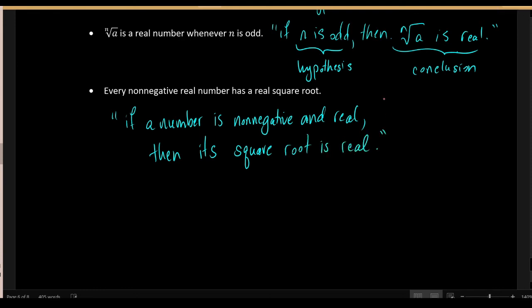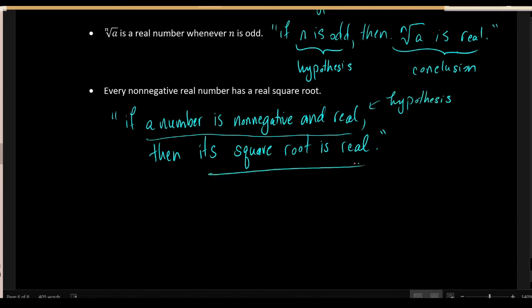The hypothesis is that the number is non-negative and a real number. The conclusion is that the square root must also be real. So be on the lookout for theorems which are stated in alternative formats.